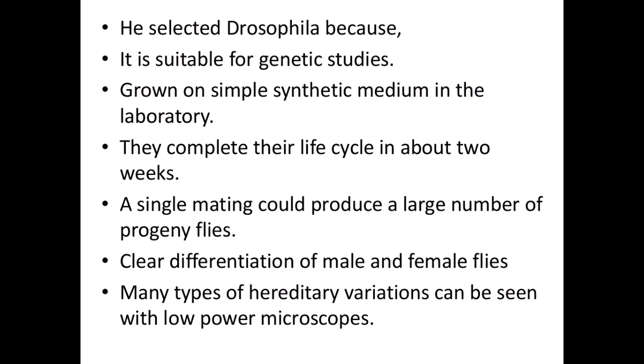And fourth, there must be the production of a large number of progeny. So in the case of Mendel also, the pea plant was very suitable for the study of genetics. Like this, Drosophila is also very much suitable for the study of genetics.